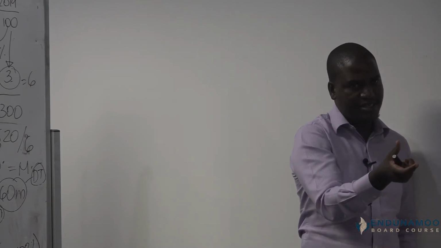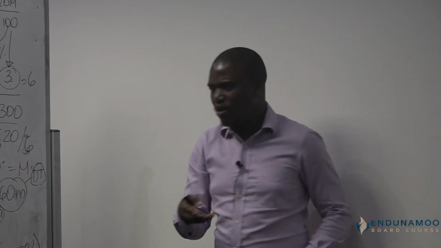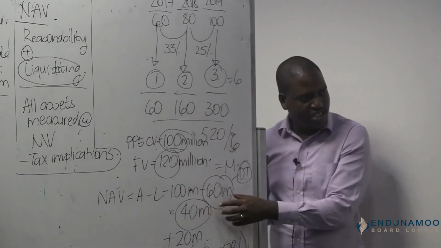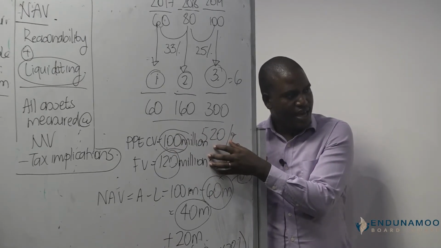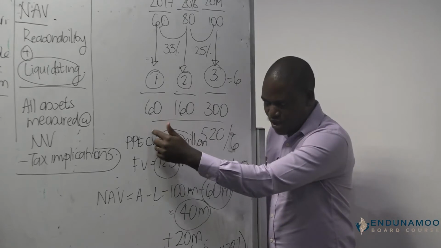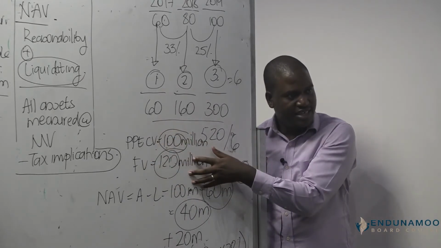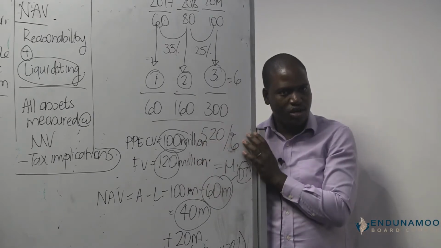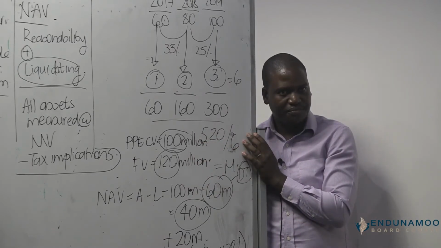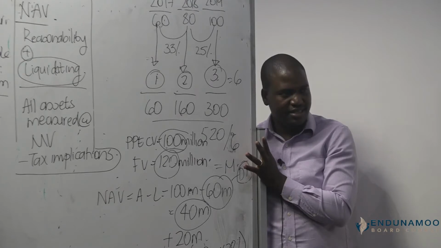Does that make sense? The reason I'm saying this is because in one question, they might give you this information and you will need to ignore it for the purpose of earnings-based valuation. It might be for the purpose of NAV only. Does that make sense?